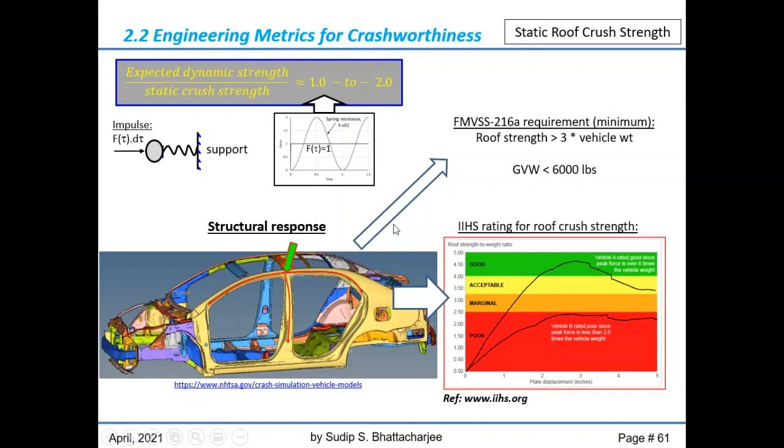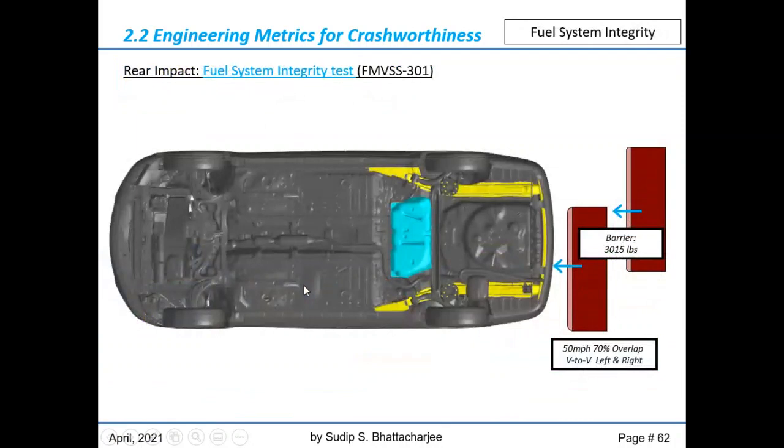A vehicle structure designed for 3 times or 4 times the weight statically could dynamically be up to 6 to 8 times stronger. That's my point here in summary. Do we need to design the structure to that level of strength, and what benefit does it deliver to the overall crashworthiness of the vehicle? I do not know, but I think we can all do more research and learn about it in future.